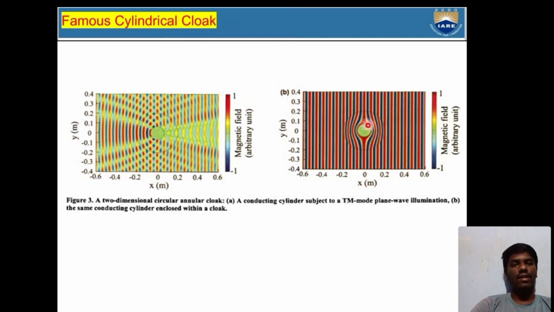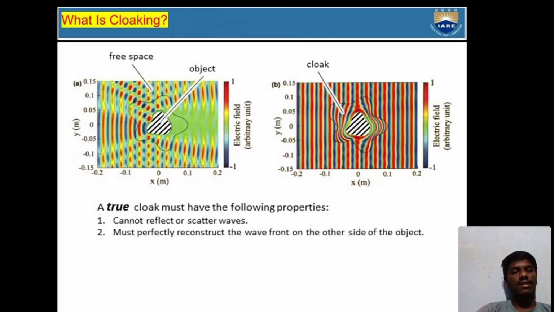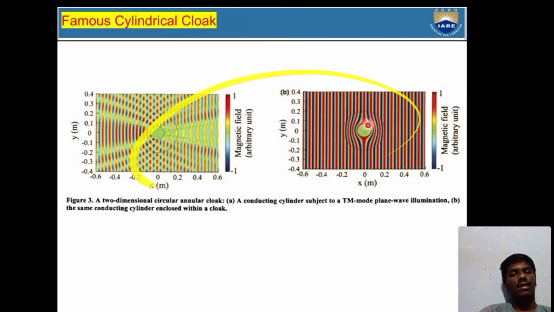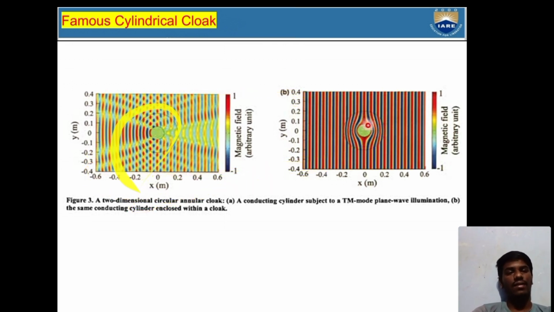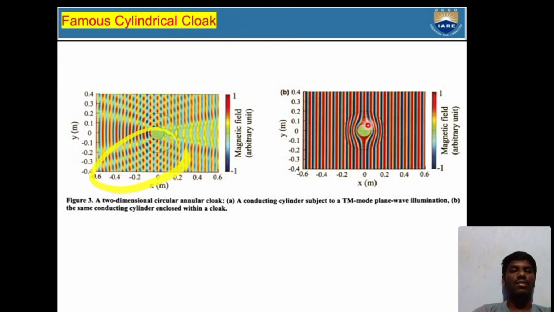Here in this slide we are going to discuss the famous cylindrical cloak. Observe the difference between these graphs. Here we find wavefronts like circles, and here we find wavefronts in the form of cylinders. Let's assume this as figure 3, a two-dimensional circular cylindrical cloak.